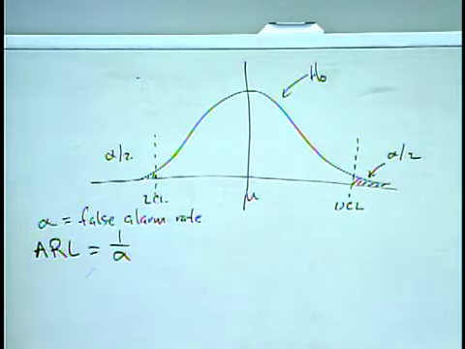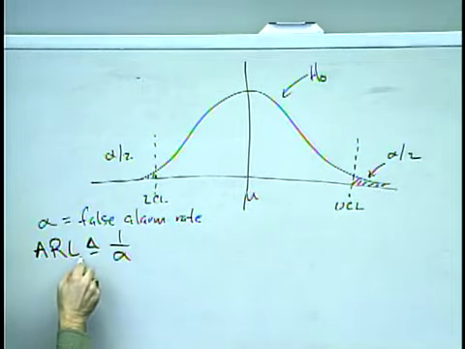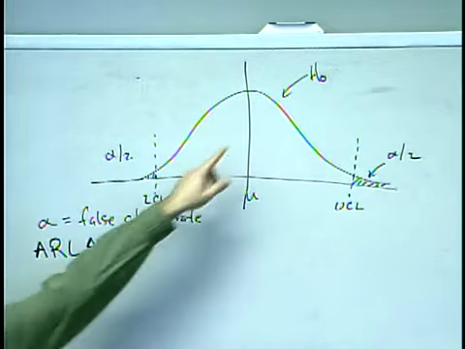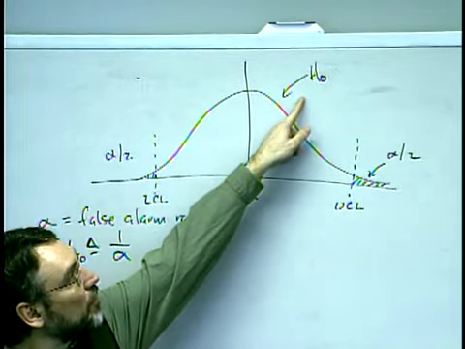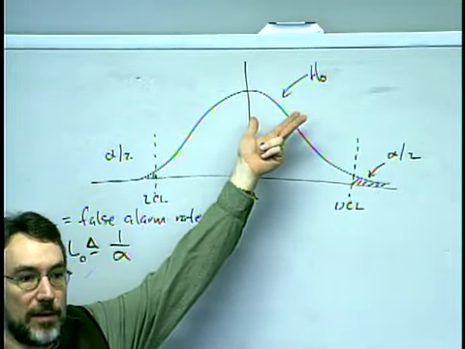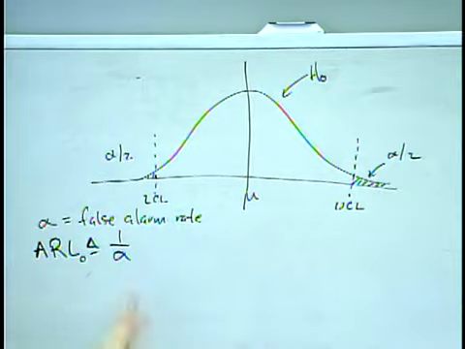Okay? So that's the definition of our average run length. And actually, a notation that I like in Montgomery is we'll define this as average run length sub 0. And what that does is remind me that that's the average run length associated with the H naught, the default probability distribution. Okay? So that's the alpha part.